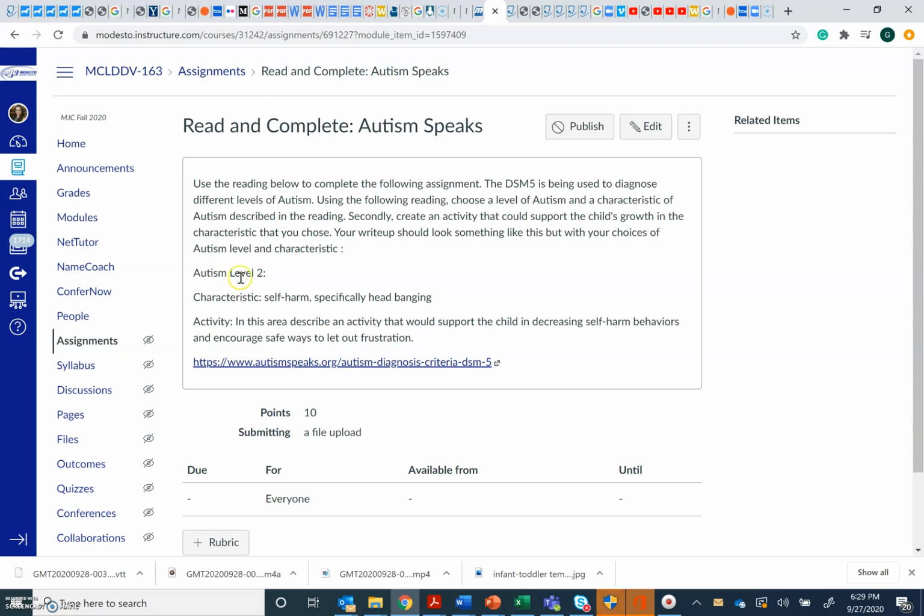So you'd list the autism level 2, you'd list the characteristic in a little bit more detail, but self-harm, specifically head banging. So the child is engaging in self-harm behaviors and banging their head on the floor and on their table.